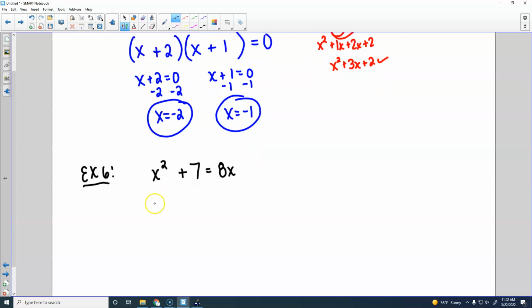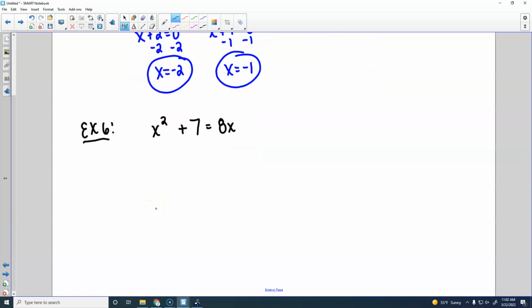How could we make it equal 0? We can just move this 8x over to the other side by subtracting it. It is not a like term, so we just write it like this: x squared minus 8x plus 7. You want to put those in order: x squared first, then your x in the middle, then your constant term at the end.